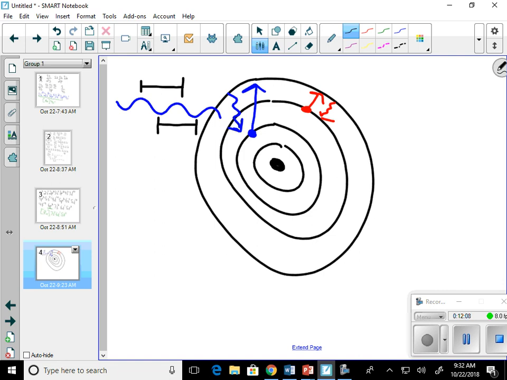It could be from the trough, the bottom of it. It's just one full oscillation, one full wave. On the right-hand side, I have red light given off. It has a wavelength.